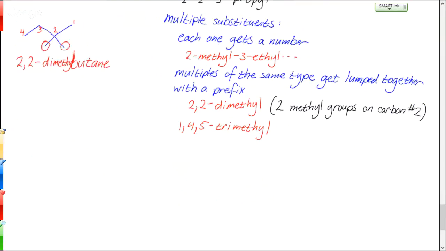The other isomer that we found is this one. See if you can come up with its name. 4-dimethyl. Not quite.